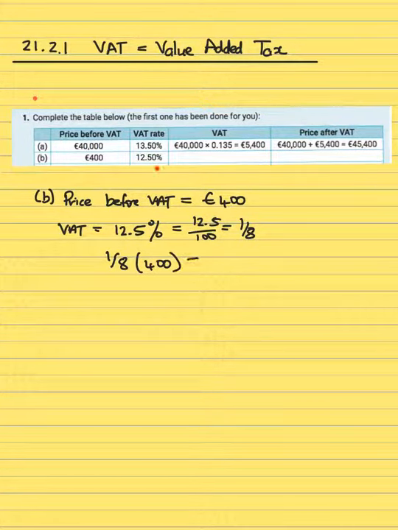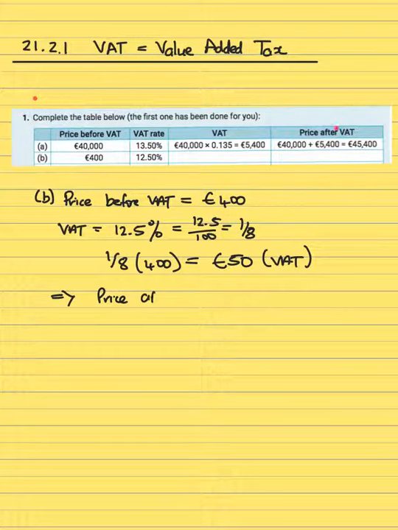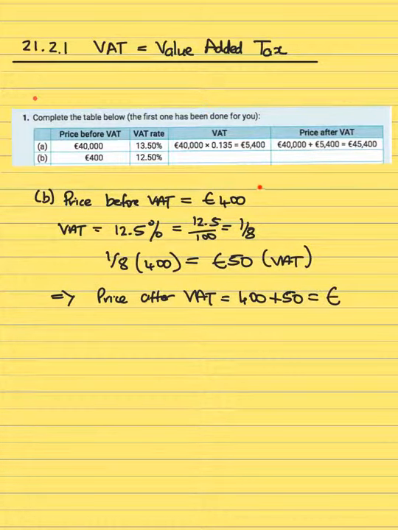So we get 12.5% or 1/8 of the €400, and 1/8 of €400 is the €50. That's the amount of VAT we're going to pay. But we want to find what is the price going to be after VAT. So the price after the VAT is the €400 that we were paying before the VAT was added on, plus the €50 VAT. So now it's €450.